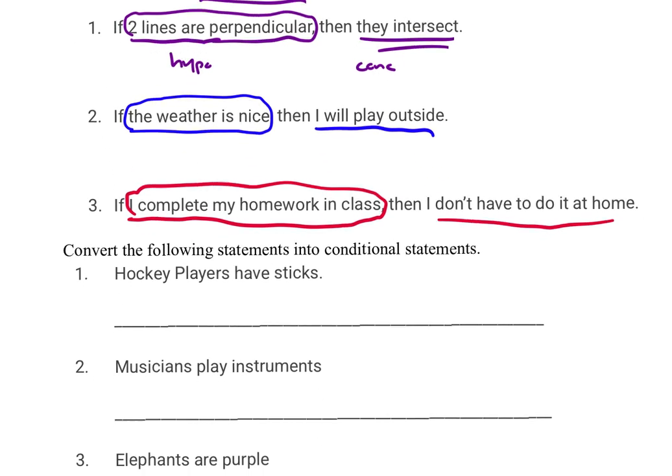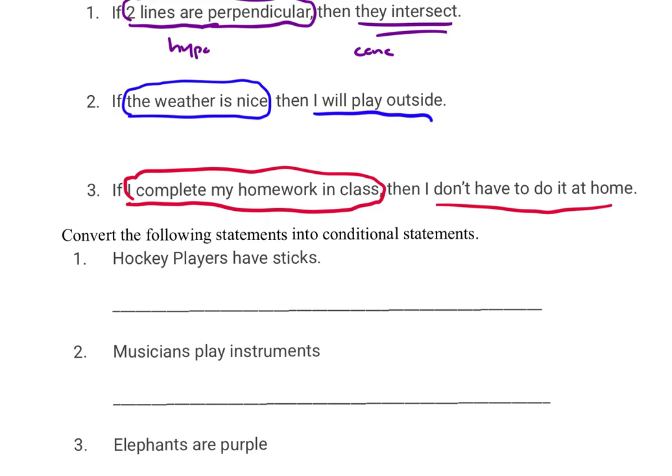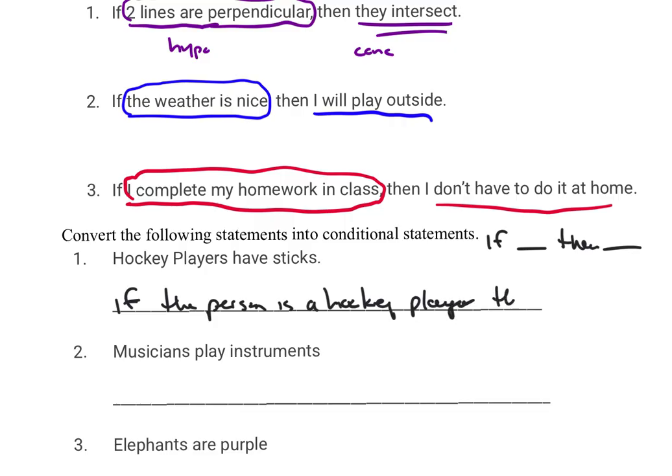Now, if we take some English statements and put them into conditional statements, again, I need if something, then something else. So I'm going to say if the person is a hockey player, then they have a stick.